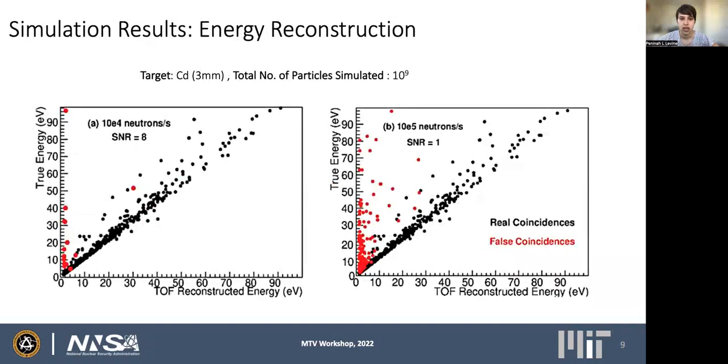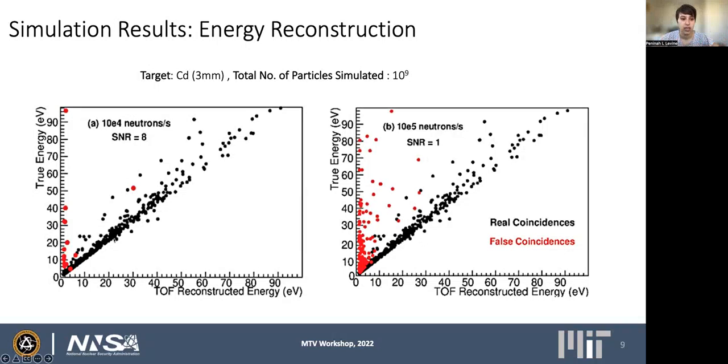Through simulation in Grasshopper, which is a Geant4-backed simulation engine, we have started by comparing the true energies of the neutrons hitting in detector 2 versus the time of flight reconstructed energy, based on those coincidence measurements. So really, we're looking at coincidences between detector 1 and detector 2.